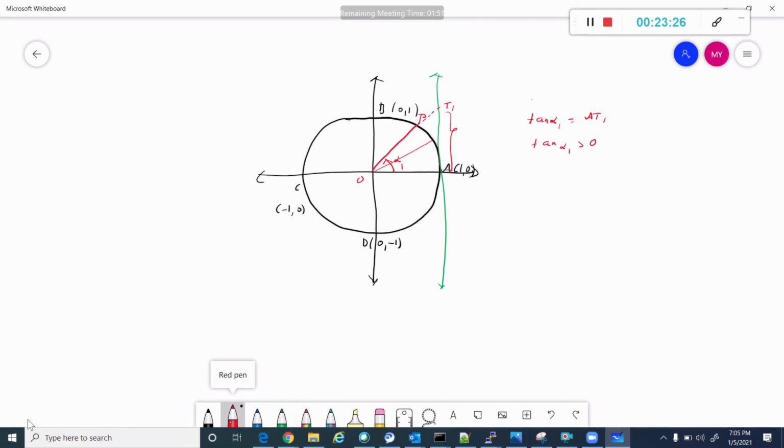So for any angle alpha 1 between 0 and 90 degrees, tan alpha 1 is always greater than 0.